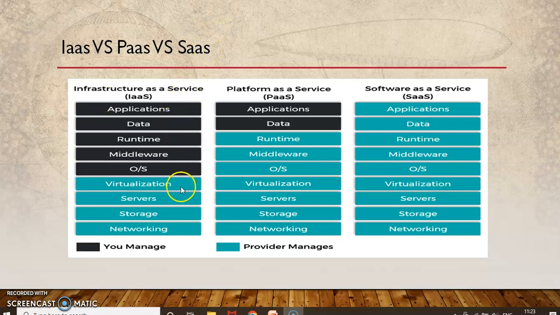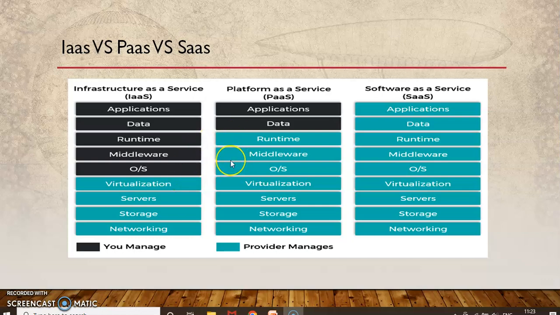Like infrastructure as a service, we know servers, storage, networking. There is another component called virtualization. That is where we will see what virtualization is in this presentation, because that is very important as far as infrastructure as a service and platform as a service is concerned.